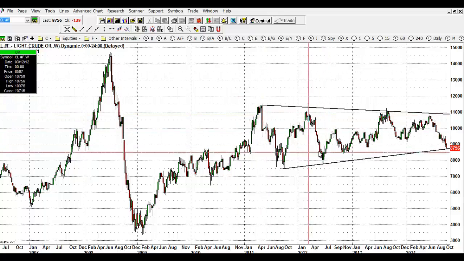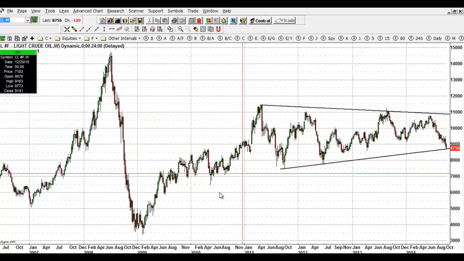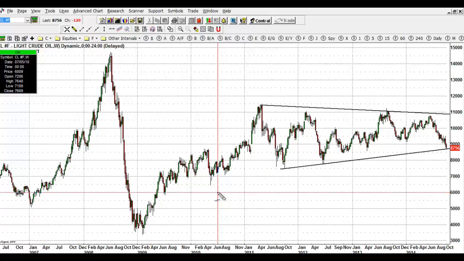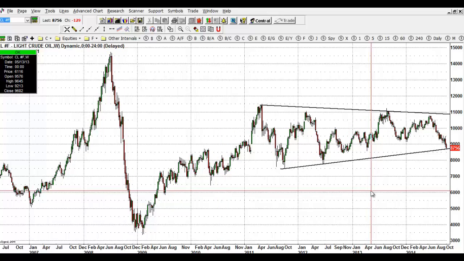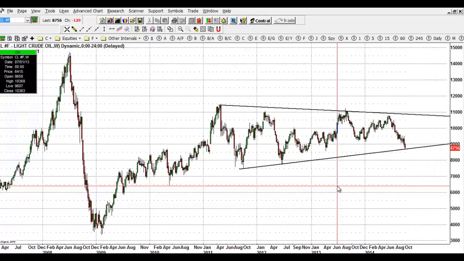The market is in a triangular consolidation that has lasted ever since 2011. And the reason you haven't seen recent highs in oil is because the market did not eclipse the high that was made in mid 2008. After 2008, we had a huge collapse. The market recovered and has just been in a consolidation pattern ever since. So that's what's happening in the oil market.